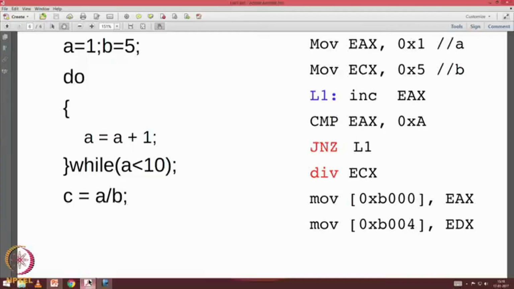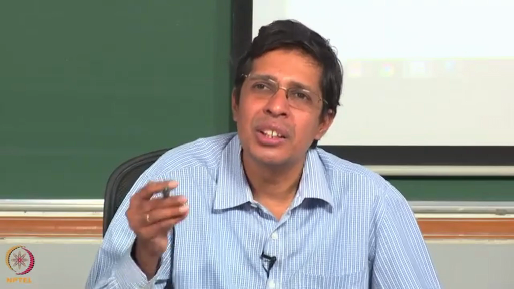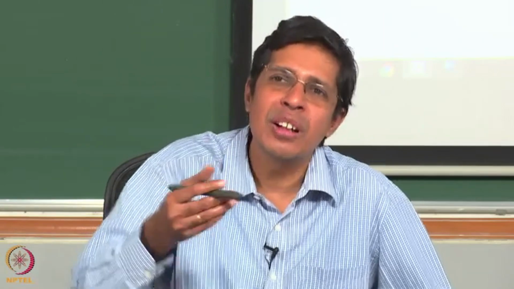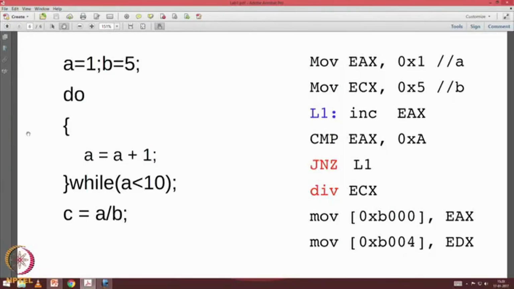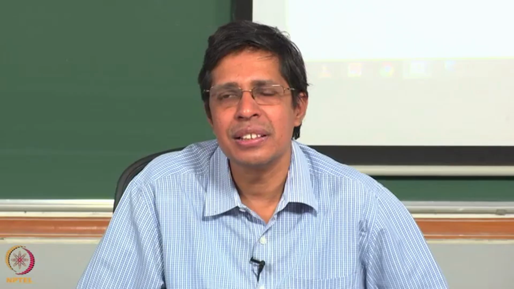So this move, compare, etc. are human readable versions of your opcode. Ultimately this will be in binary, and this is what your system will understand. The system cannot understand a do while loop, but it can understand this. So this is what will go into your architecture, and the architecture will execute. Are you able to follow? Yes or no? Yes. Okay. Fair enough.